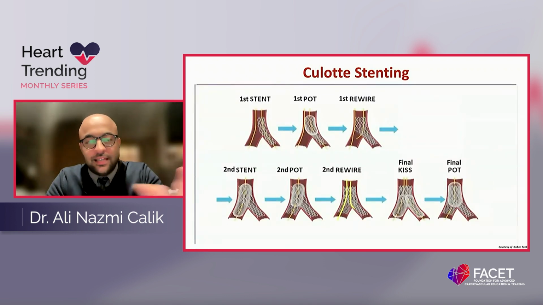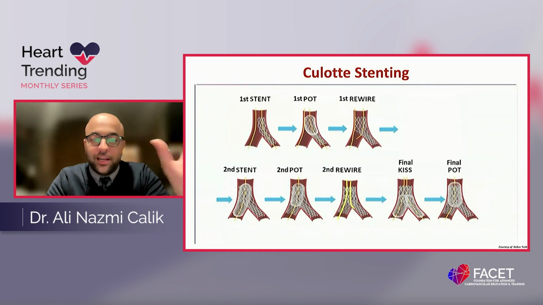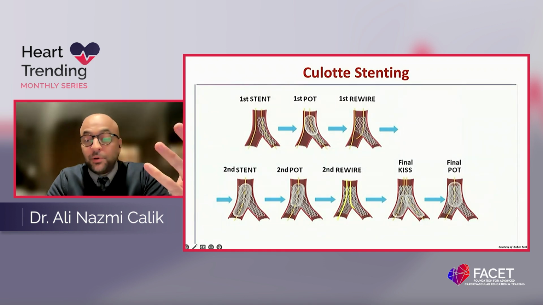You see the steps: the first stent, first POT, first rewire, then second stent, second POT. It is really easy. In bifurcation PCI, each stent is followed by a POT. And then second rewiring, final kiss, and final POT. But there are some recent developments for culotte stenting.